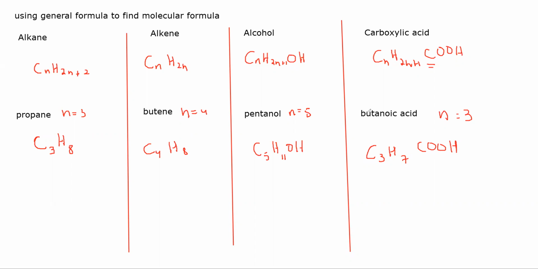So there are 4 carbons. So it is butanoic acid. But the value of n which we take for carboxylic acid is always 1 less than the suffix. Like but means 4 carbon, but we did not take n equals 4. We took n equals 3. Is it clear?